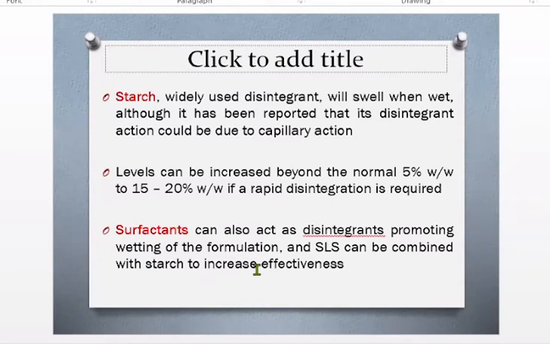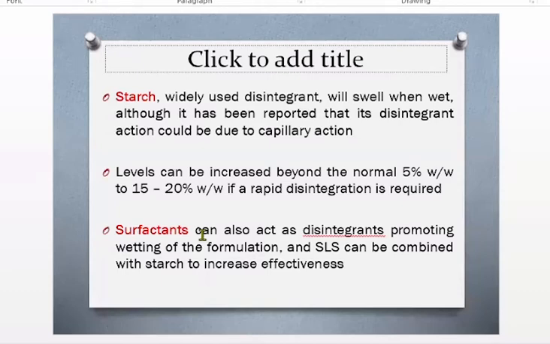So because of the many capillary passages created, that results in the disintegration of the tablet. So you can use it in levels between 5% to 15 to 20% if you need. Disintegration is very related to the concentration of the disintegrant that you are going to use.